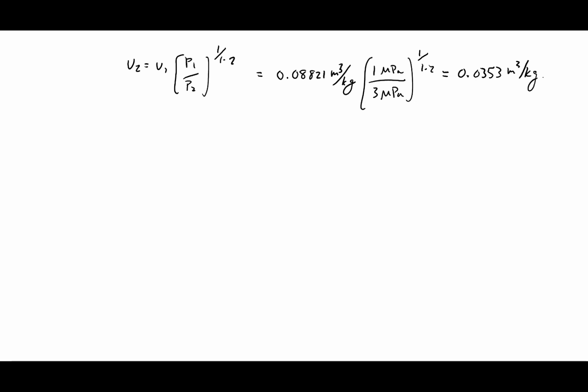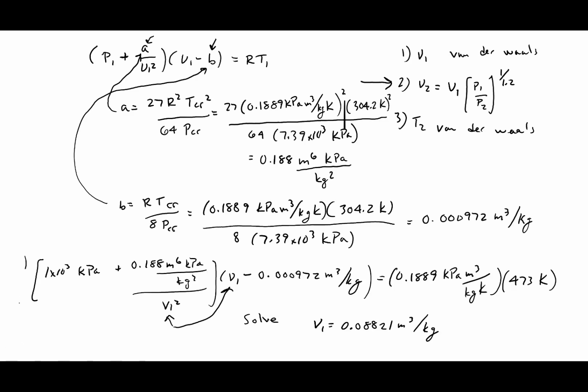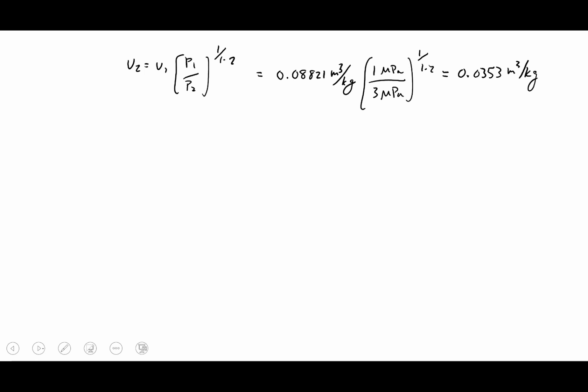So now we have V2. What we're going to do is plug this into the van der Waals equation, basically the same way that we did before. So we're going to plug V2 into the van der Waals equation, and we're going to solve for T2. So let me just rewrite this over here.